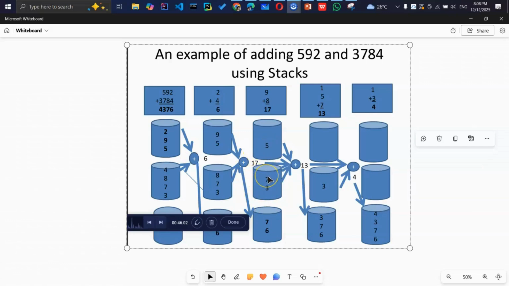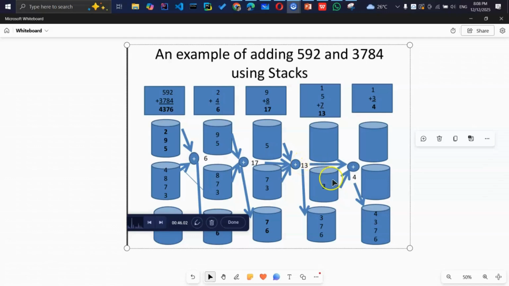5 and 7 equal to 12, and you should add this one to it. Next, it gives 30. From 13, we push the 3 onto the stack and the remainder is 1.